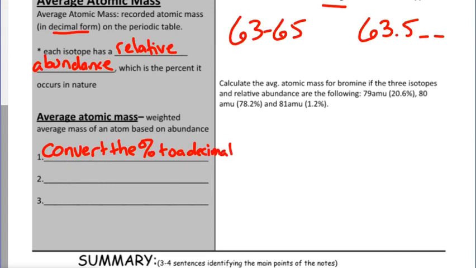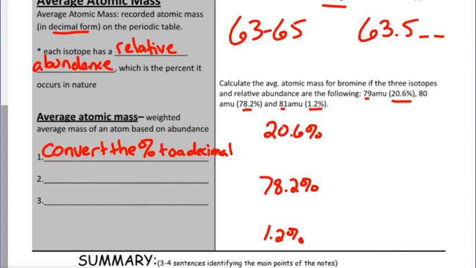So we've got 20.6% of this bromine isotope that has a mass of 79. And then we've got 78.2% of this isotope that has a mass of 80. And then we've got only 1.2% of the last isotope that has a mass of 81.